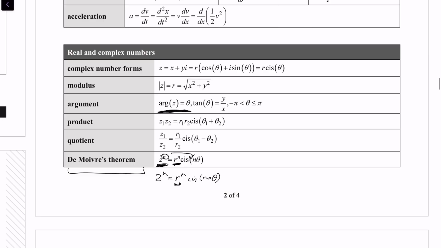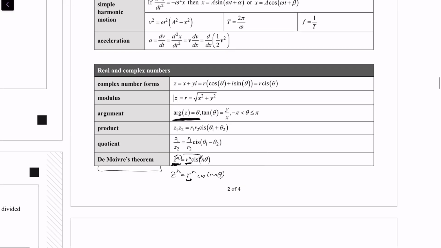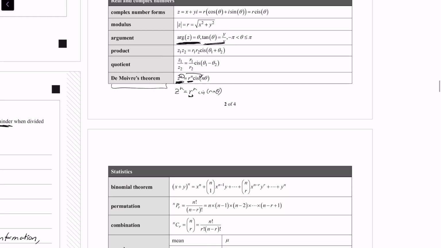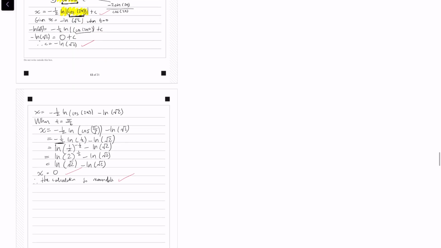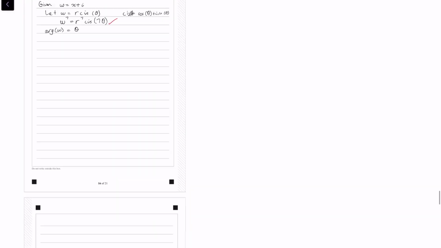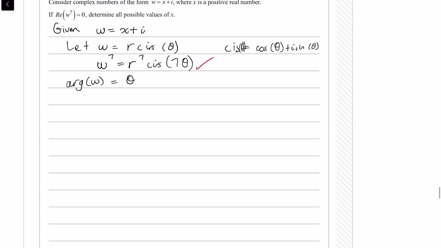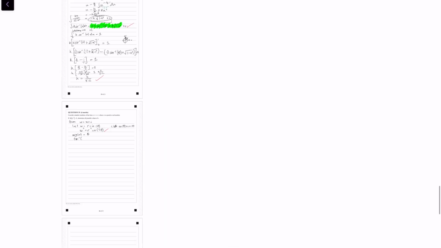So just simply writing down that argument formula and then taking this form with the tan theta, but instead of y and x, so what do we have?